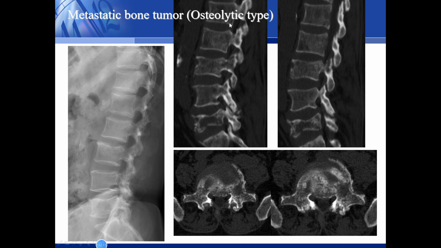This is the osteolytic type, and we could find destruction of bone in the vertebrae, and the vertebra becomes wedge shaped. And here is the pedicle, and the vertebra may be destroyed. But in the films, we may not see the lesions, but in CT, the lesions are easily found.